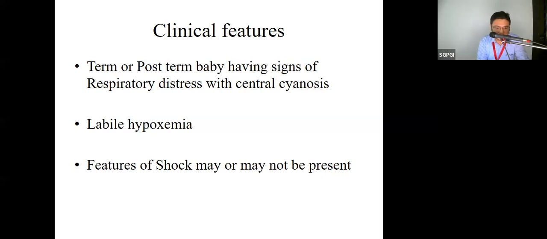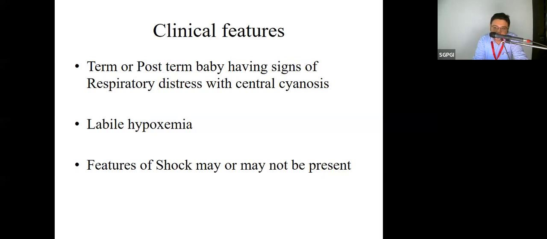Basically, the setting will be all the acute etiologies which have been described. More or less, the baby will be a term or a post-term baby. Also, preterm babies, as has been described in the early lectures, can have features of PPHN.